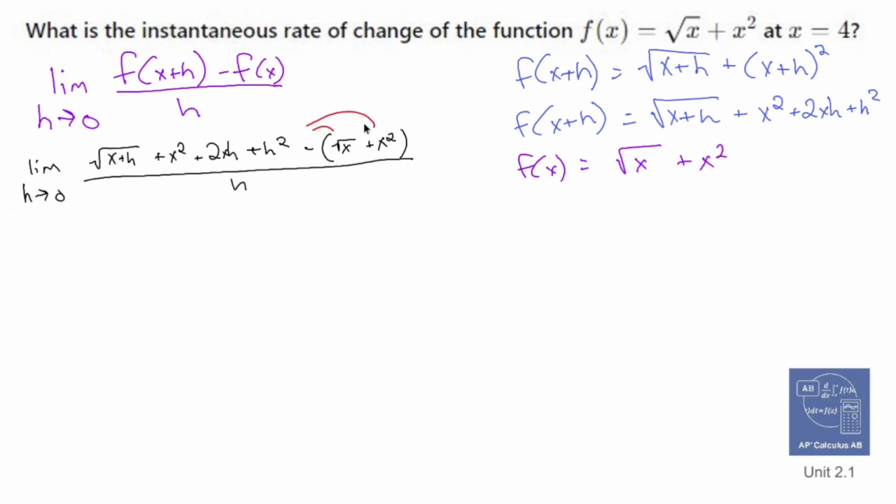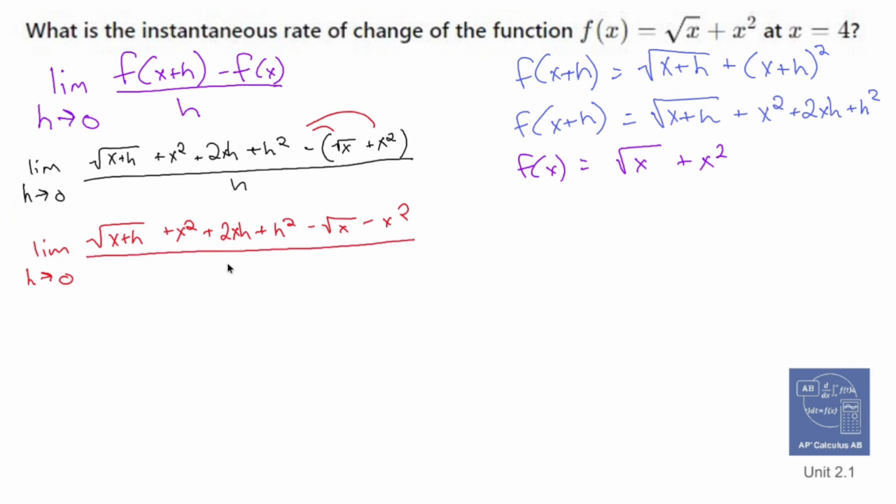First, I have to distribute that negative. So I have the limit as h approaches 0 of the square root of x plus h plus x squared plus 2xh plus h squared minus root x minus x squared all over h.